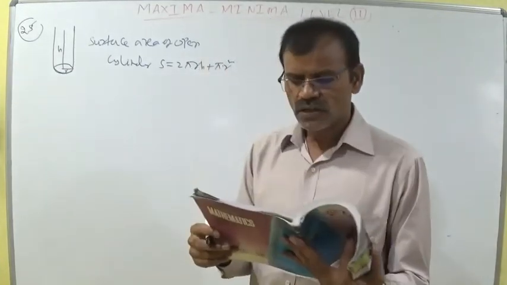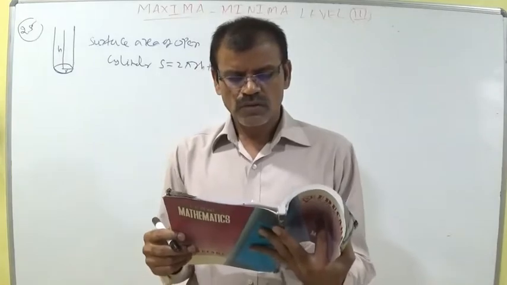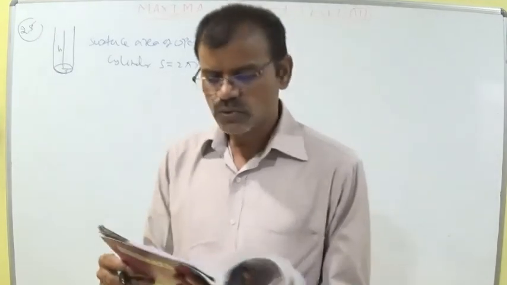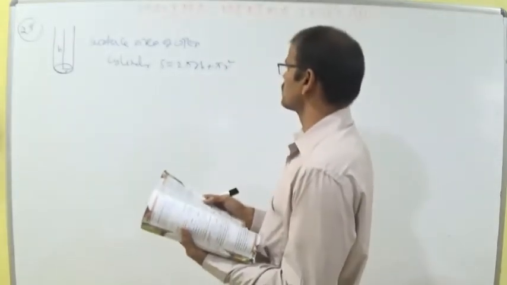Now let us discuss the open cylinder of given surface area with maximum volume. The volume of the cylinder formula is V is equal to pi r square h.